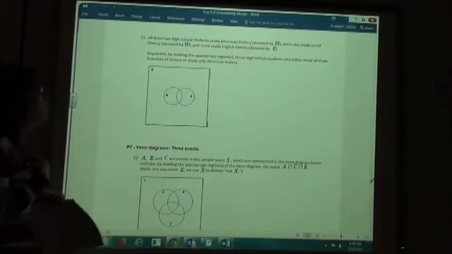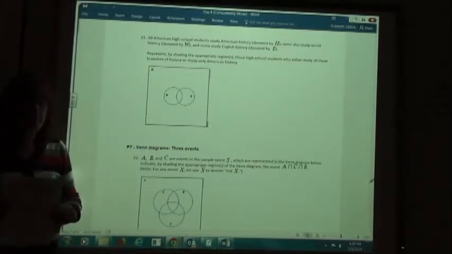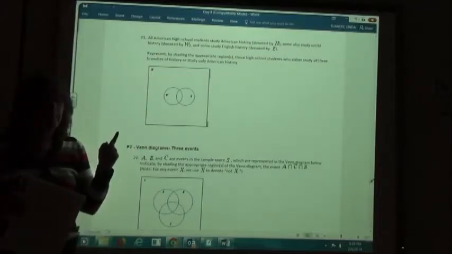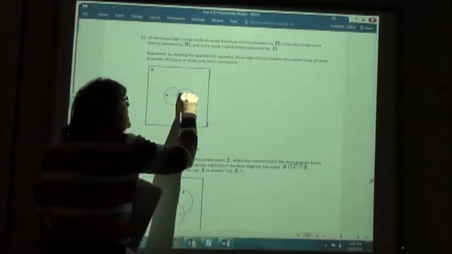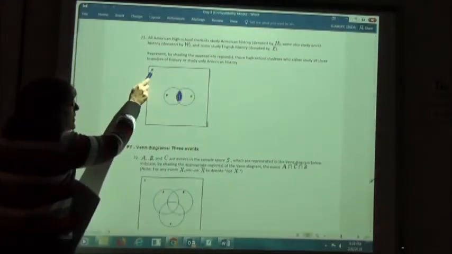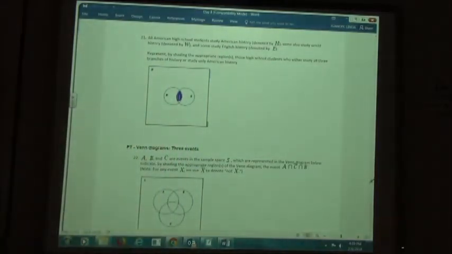Where would I shade for those who studied all three branches of history? All three of them. Where would they all intersect? Right here in the middle. So right here in the middle, I'm representing all three of them. They're in the American history, they're in the world history, and they're in the English history. Or, what's the other part?